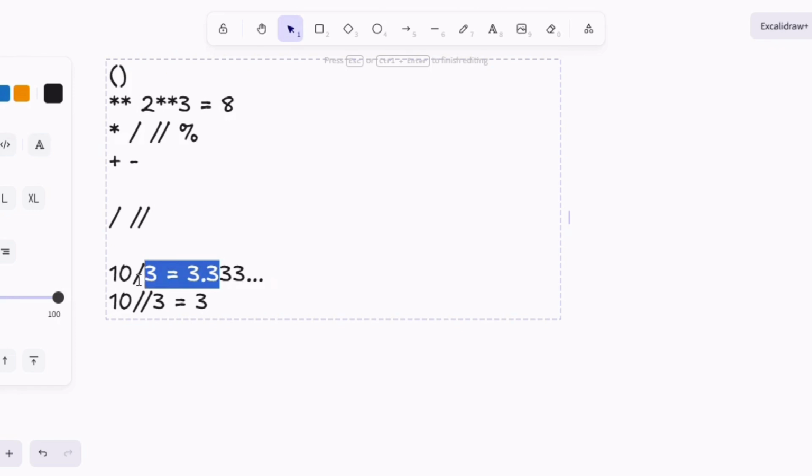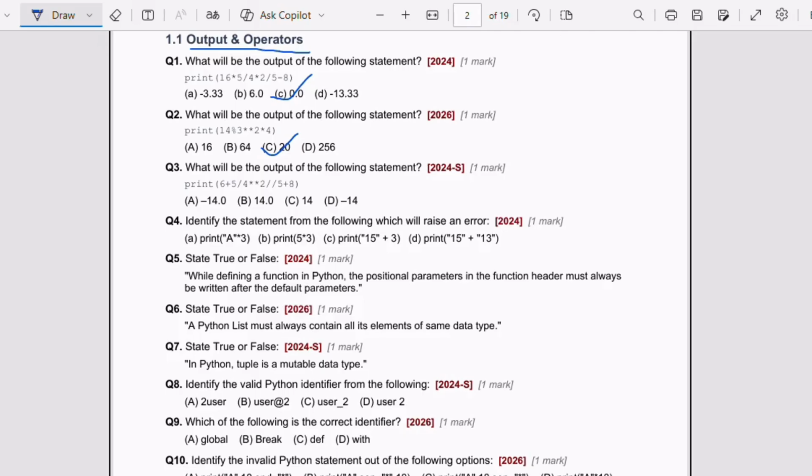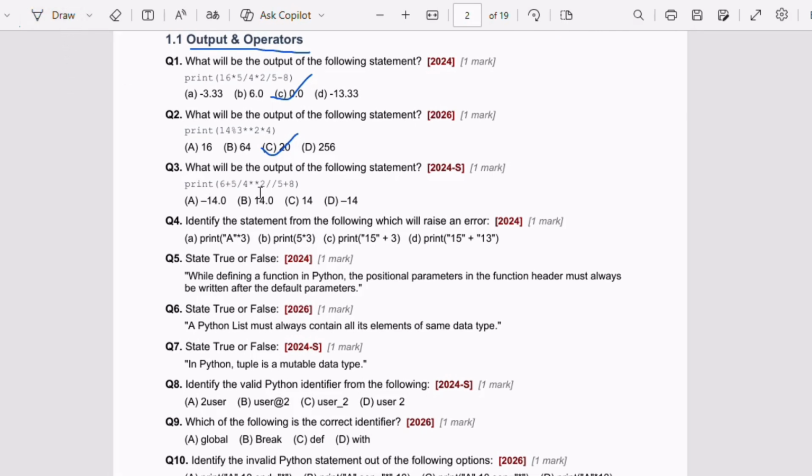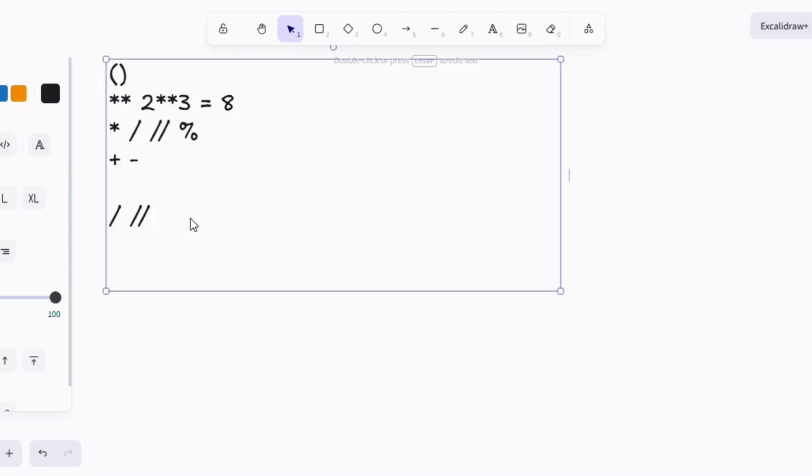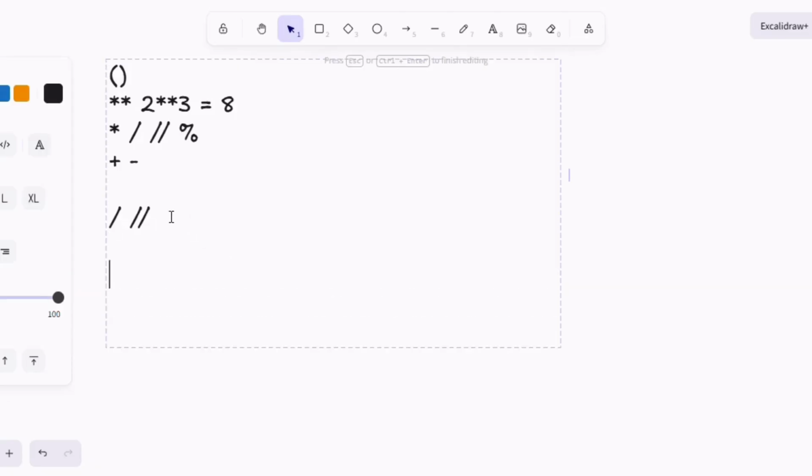Okay, let's move on to the next question now. Again, this question is related to precedence of the operators.